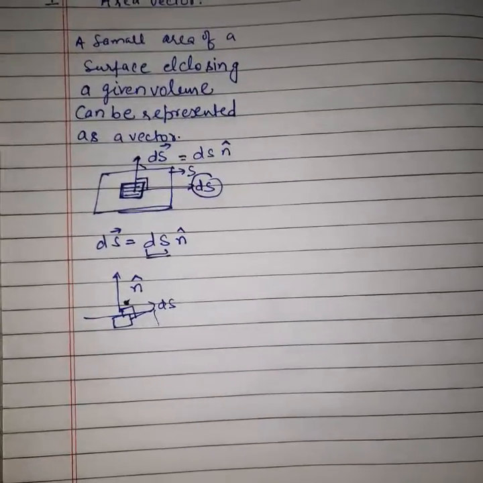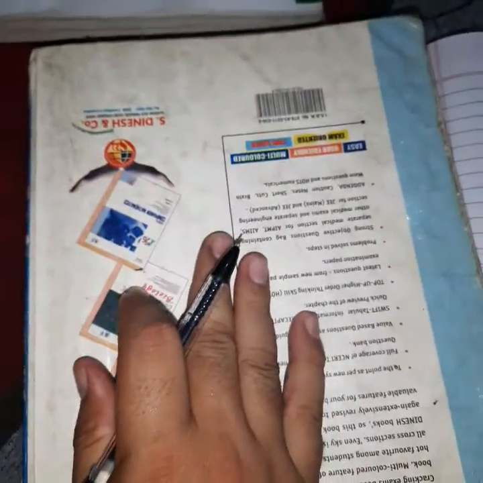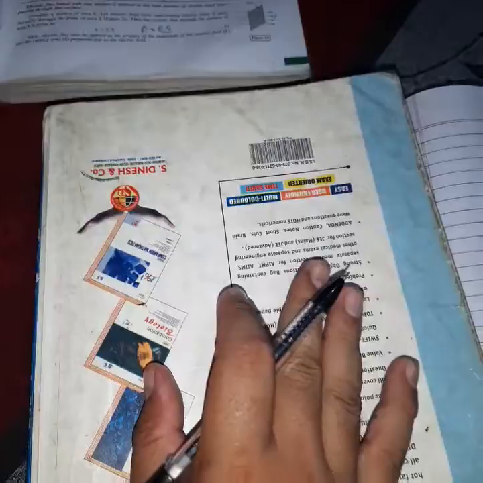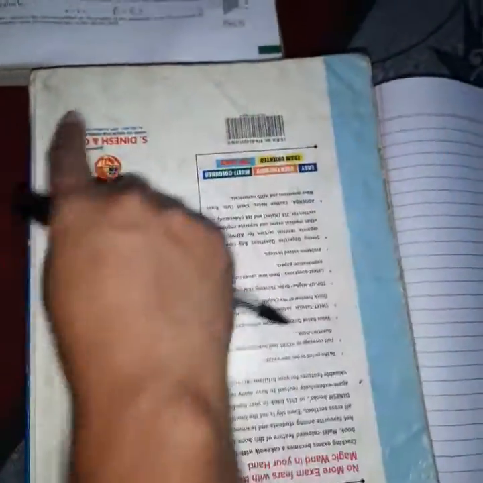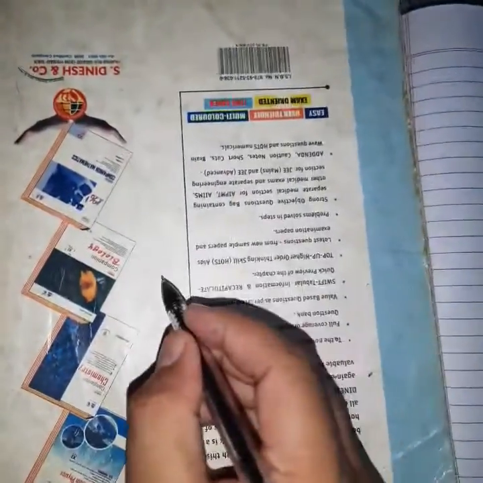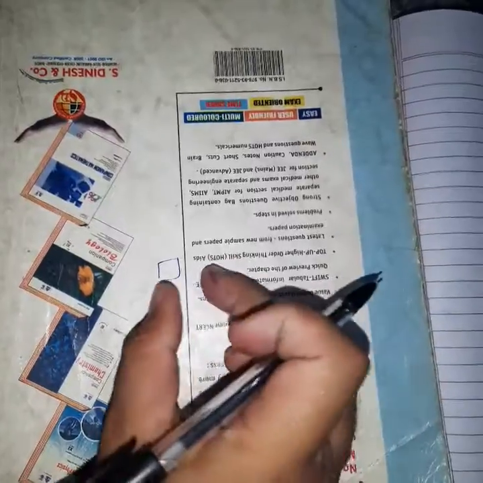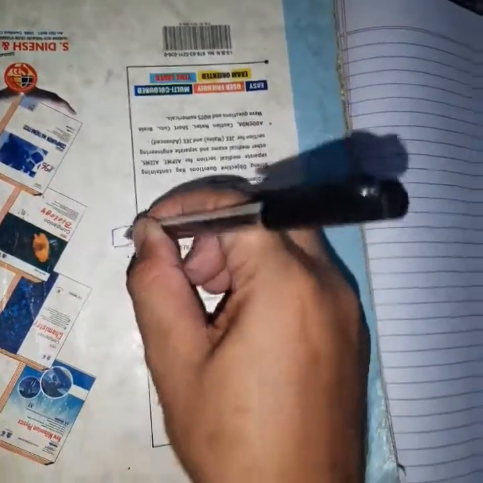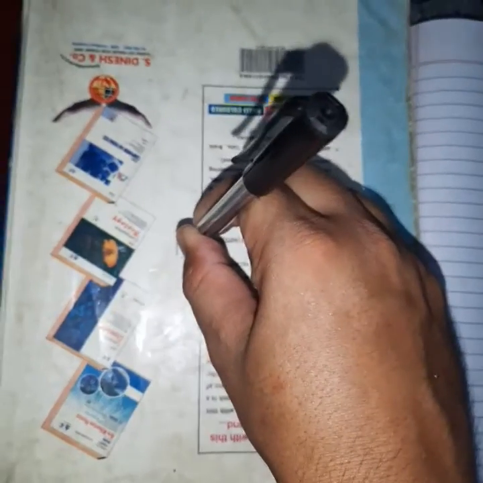A simple example I am taking here. I have this book, a simple book. This is a surface of the book, two-dimensional, with x this way and y this way, one vertical and one horizontal. So this is the total surface, and we select a small surface in it. I'm putting my pen on it, so this pen will show the area vector of this surface.